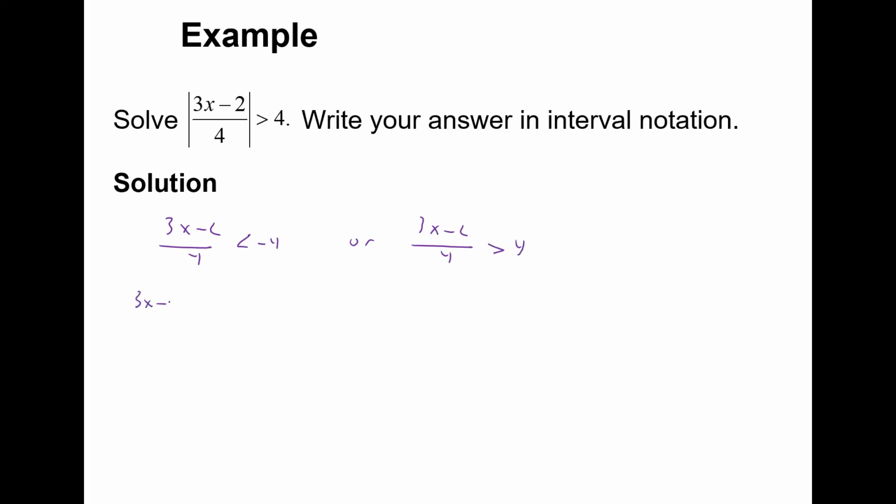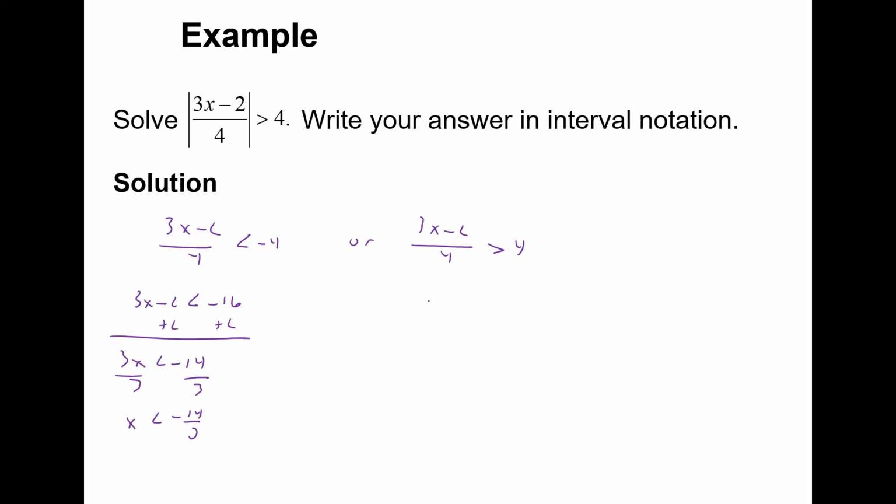So 3x minus 2 less than negative 16. Add 2 and 3x is less than negative 14. And then divide by 3, x is less than negative 14 thirds.